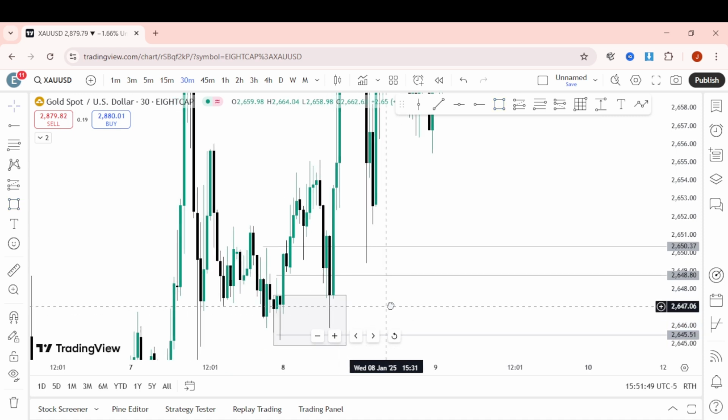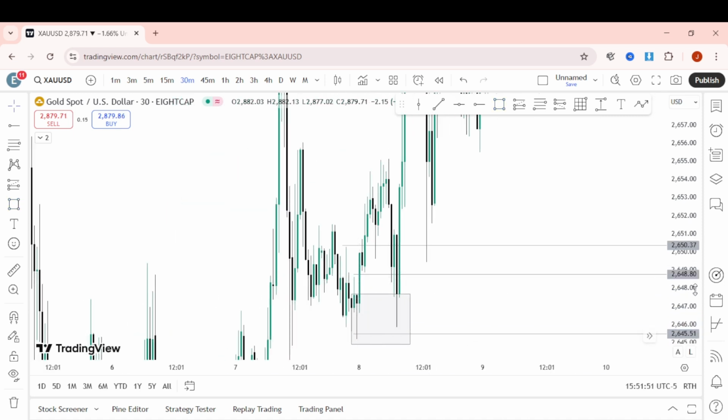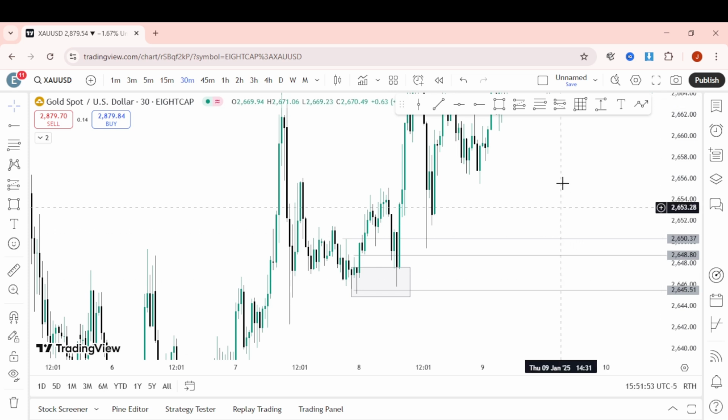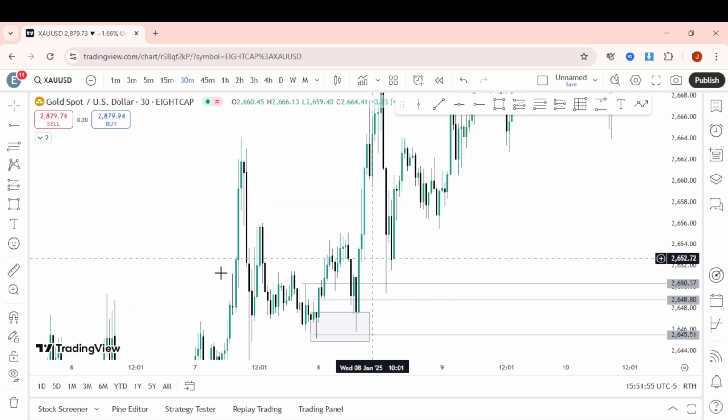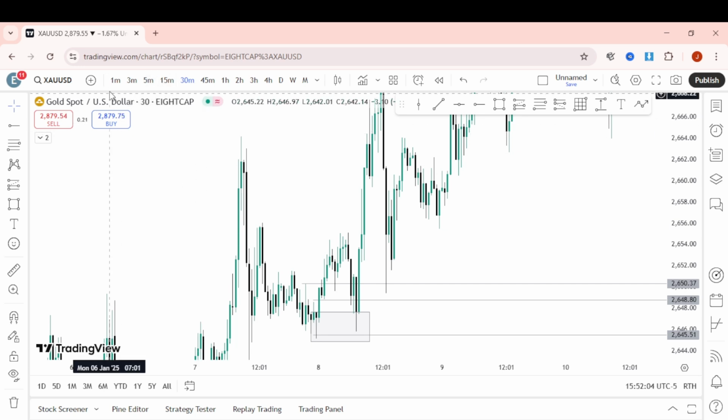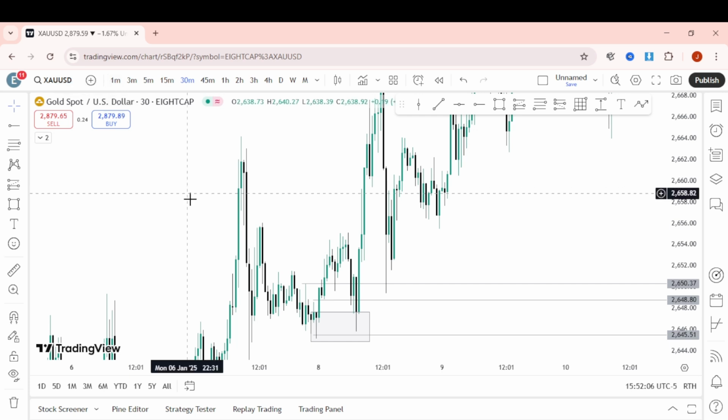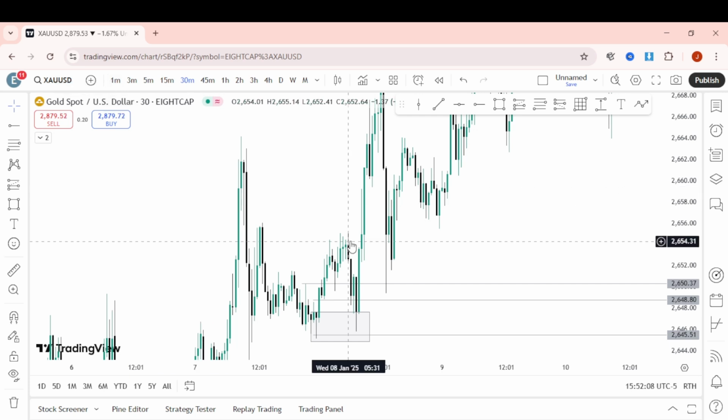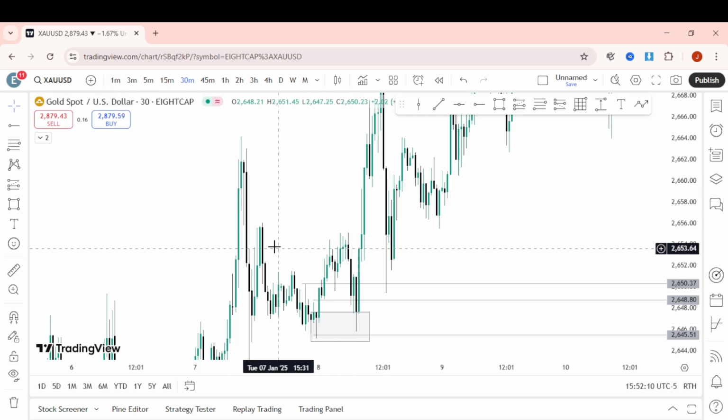Now I keep showing you a lot of examples even in the small time frame, because this is the 30 minutes time frame. We haven't even gone to the 5 minutes, even the 1 minute. But for the sake of time, I'm just gonna pick only a few, because we still have to go to other pairs.